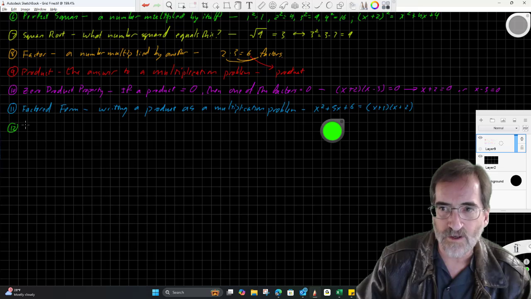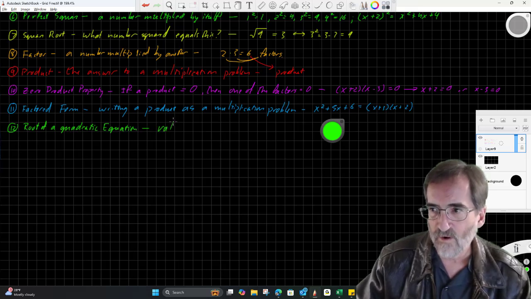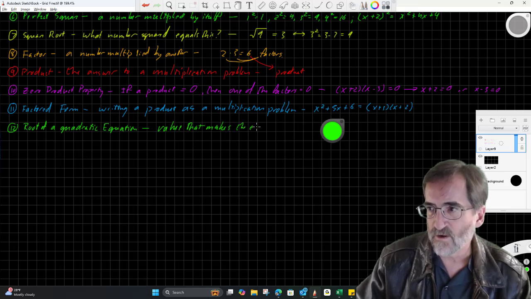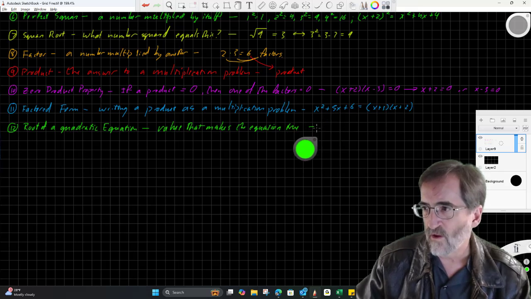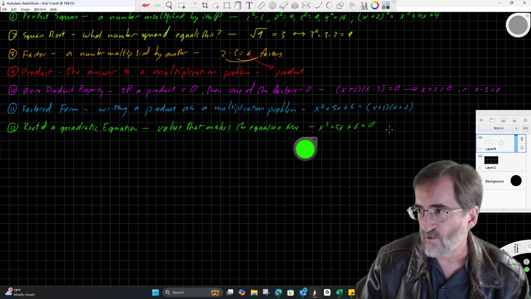12. Root of a quadratic equation. A value that makes the equation true. x squared plus 5x plus 6 equals 0.